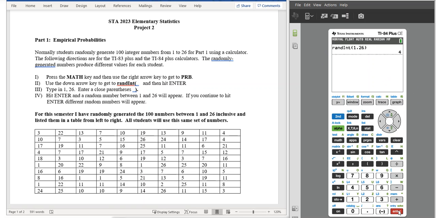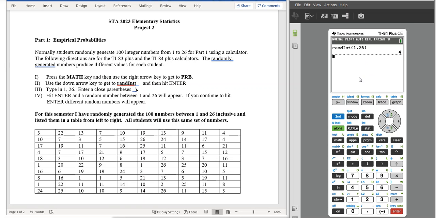As I hit enter, it just randomly generated me a number. I got the number 4, and see here, it was 3. Every time you do this, you're going to get different numbers. That's why I set up here that the randomly generated numbers produce different values for each student.